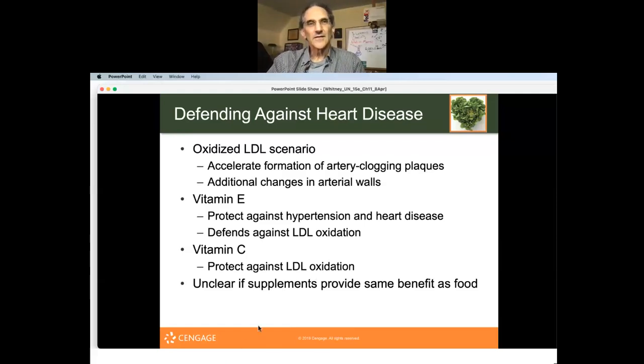That's vulnerable to oxidative damage, which could accelerate formation of plaques in arteries. Vitamin E is protective against that sort of damage. Vitamin C also. So these two vitamins in particular protect against low density lipoprotein oxidation.